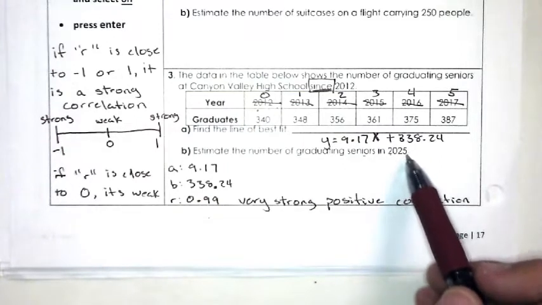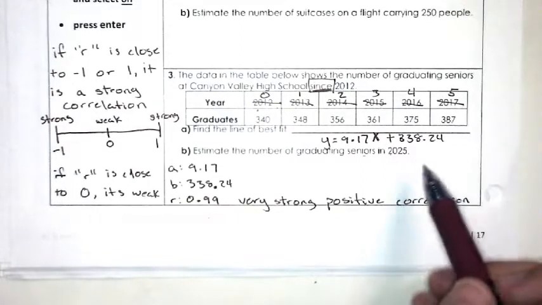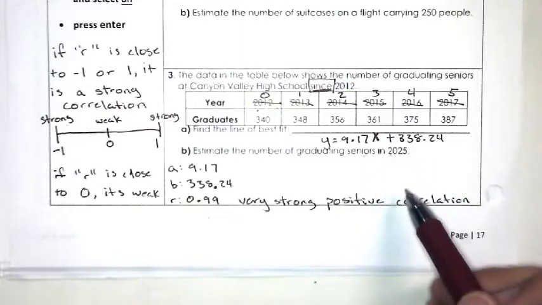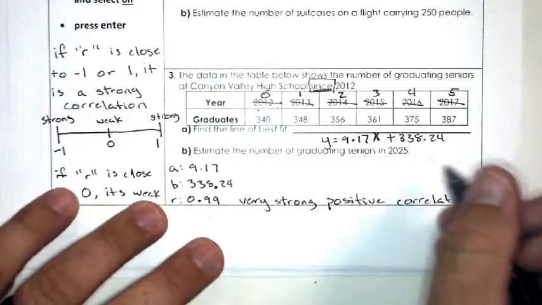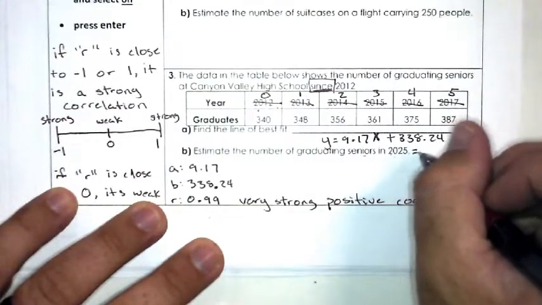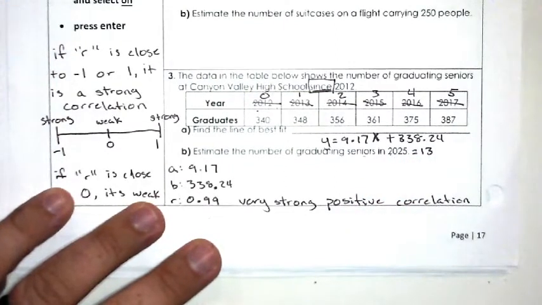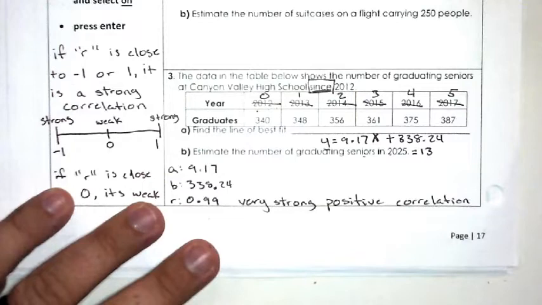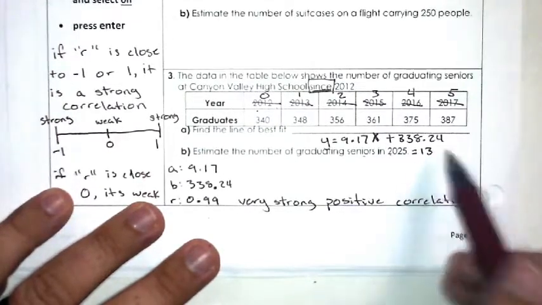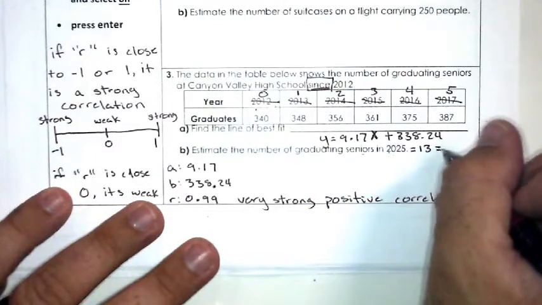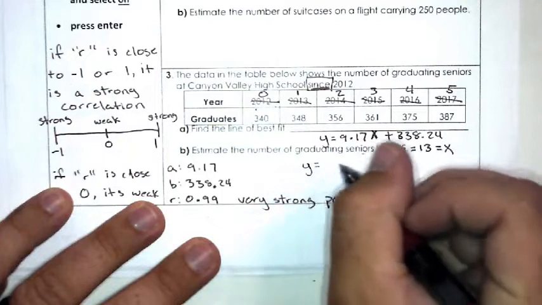How many years passed? 13. So 13 is my x. So I have y equals 9.17 times 13 plus 338.24. Now I'm in my calculator.